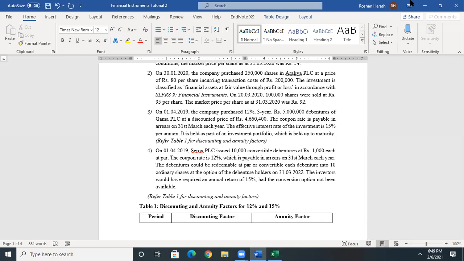How much was it? Good. It was 1,500. Remeasurement gain comes as 1,800.